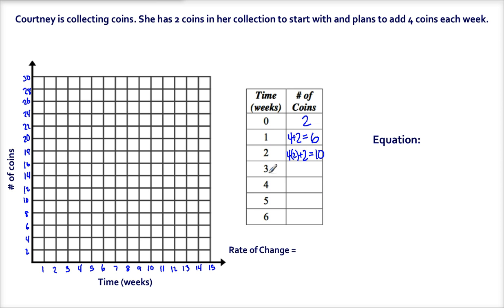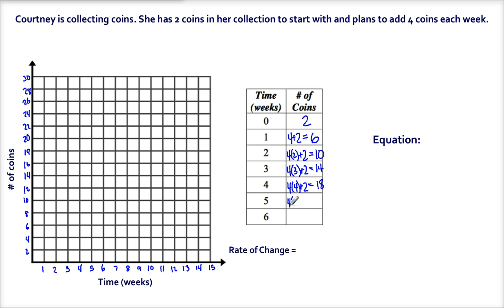After 3 weeks, she'll have 4 coins for each of those 3 weeks. So 4 times the 3 weeks plus the 2 she started with. 4 times 3 is 12 plus 2 is 14. I'm just going to keep filling this in because I think you can start to see the pattern here. 4 times 4 is 16 plus 2 is 18.